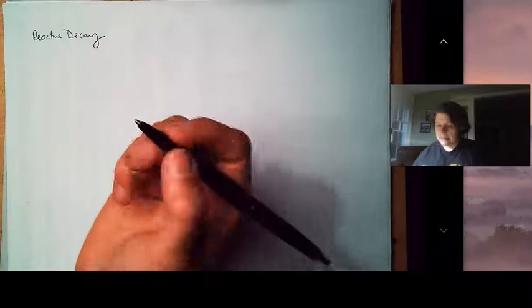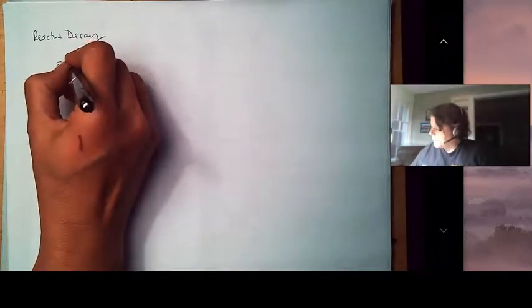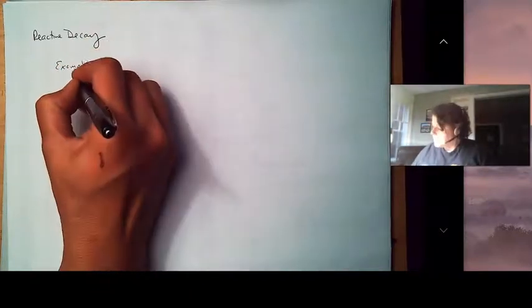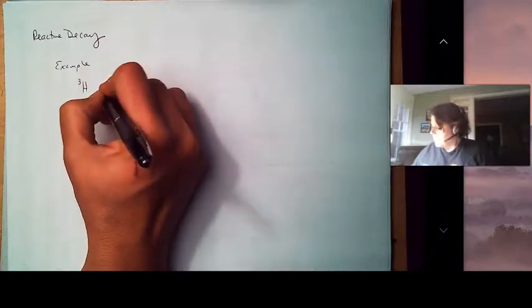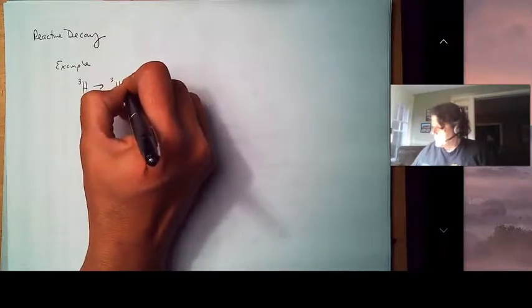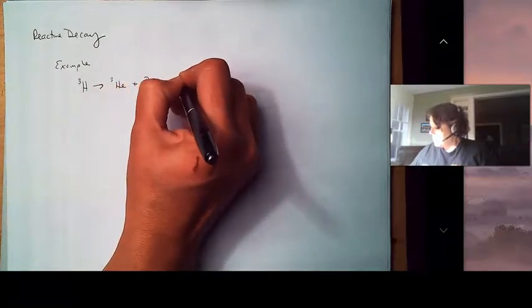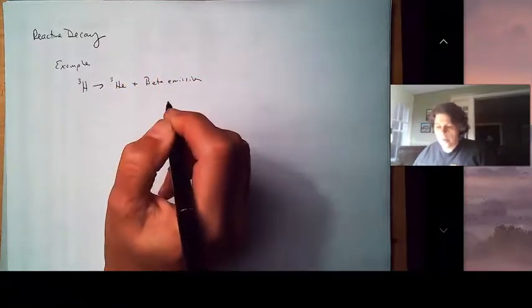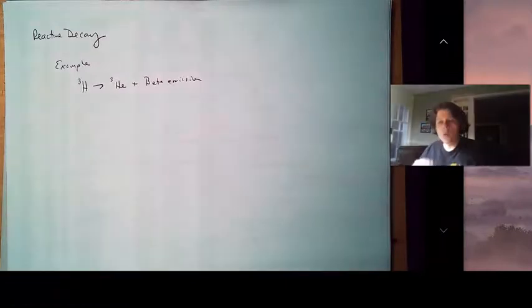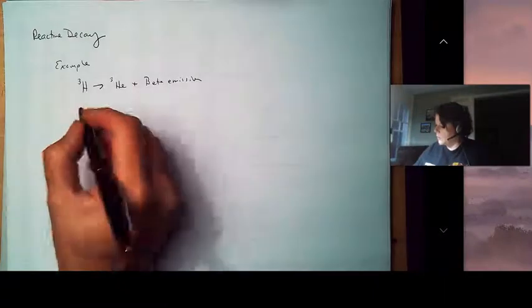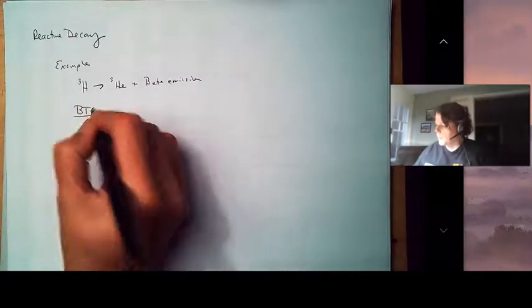So, an example of this is tritium going to helium plus a beta emission. So it's giving off radioactive decay. How would you think the breakthrough curve would look? So we're going to look at the breakthrough curve here.